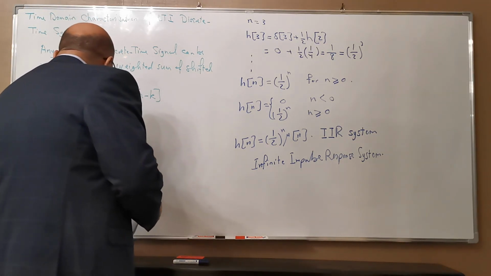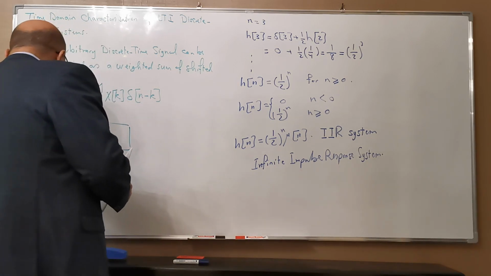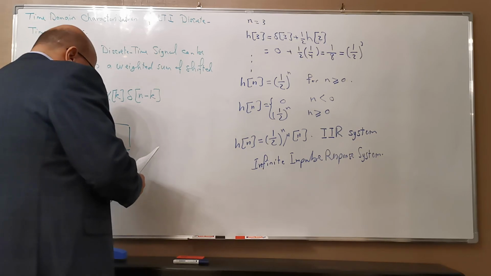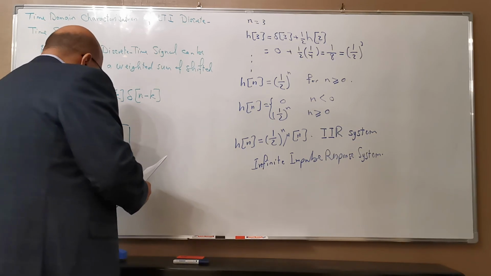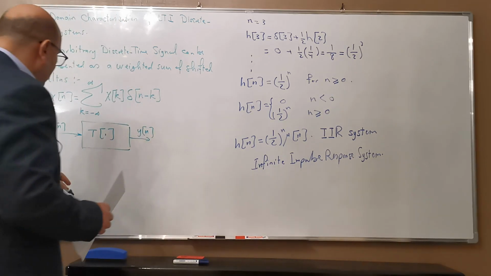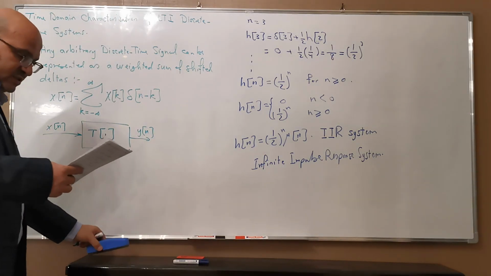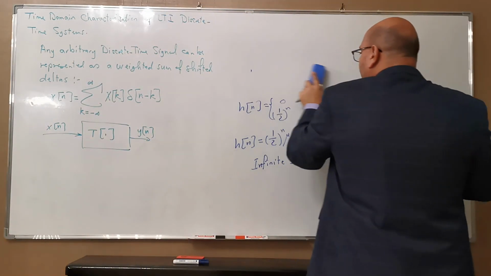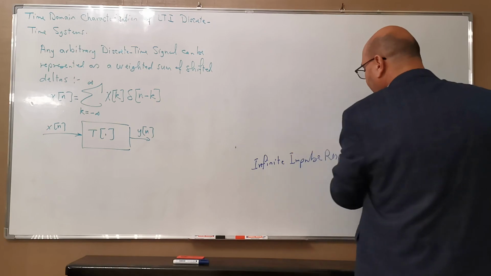Now, going back to the system that we have, we say that we have x of n applied to a transformation, and we got y of n. So this is a general representation of a system. Now, let's plug in x of n and see what will happen.